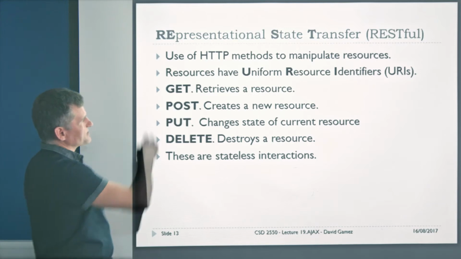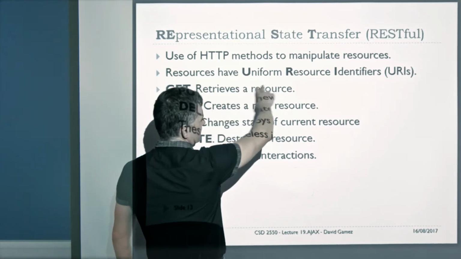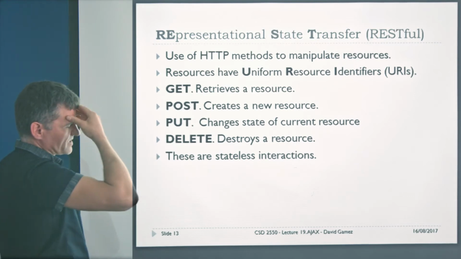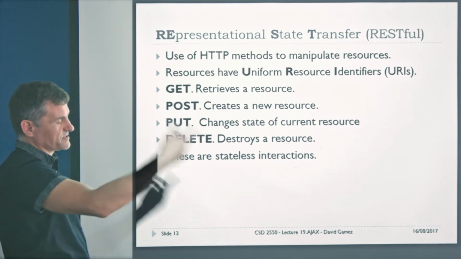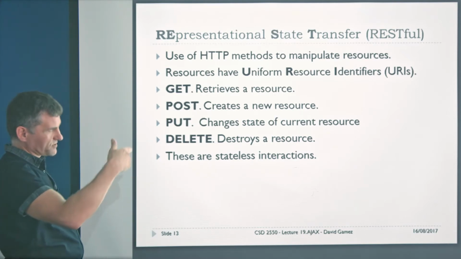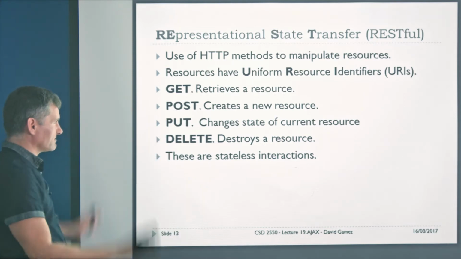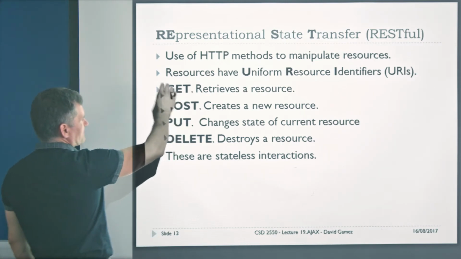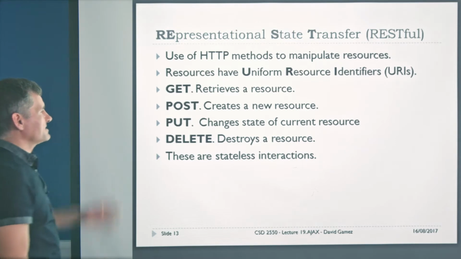So the idea is that each resource has a uniform resource identifier. There's a little bit of confusion between URIs, which are uniform resource identifiers, and uniform resource locators, or URLs. But we can be a little easy about that. And we're using the HTTP methods in very specific ways.